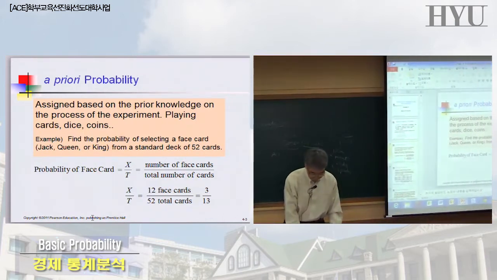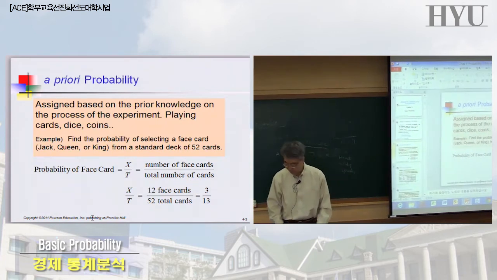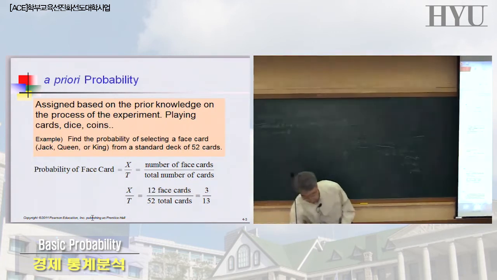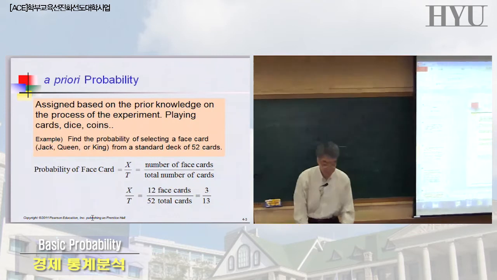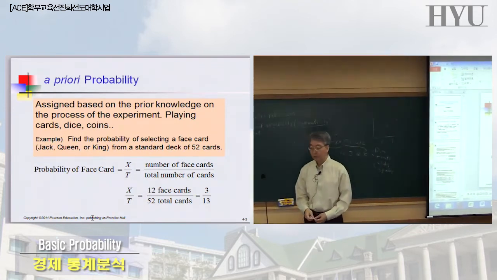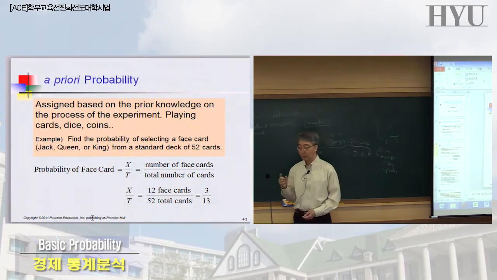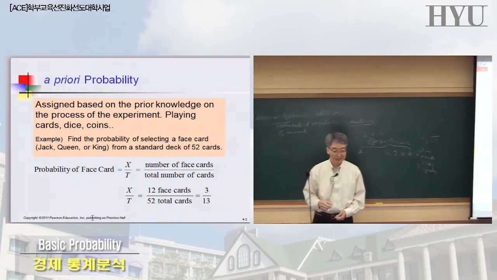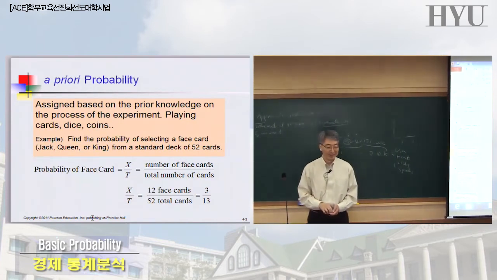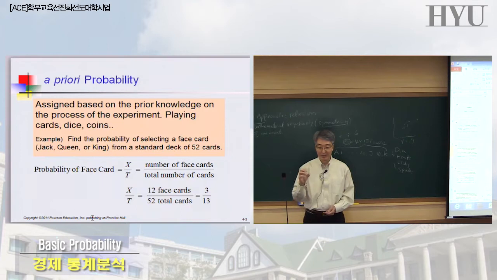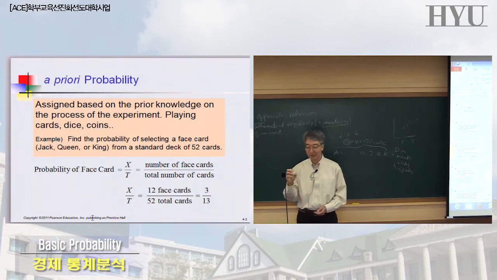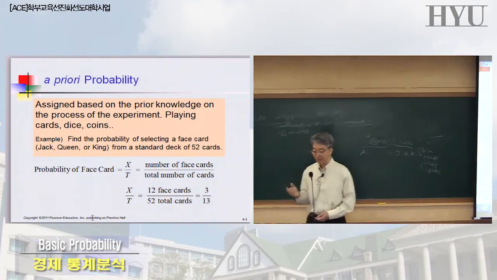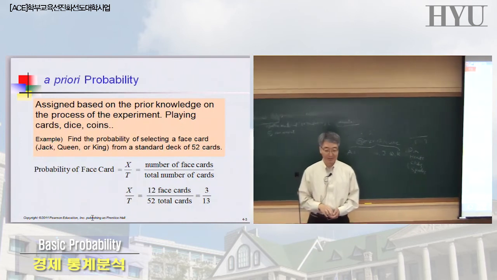You can think of many different examples, like tossing a coin. How many possible outcomes if you toss a coin? 2, either head or tail, right? Many times a coin has somebody's head or figure on one side and another thing on the other side.